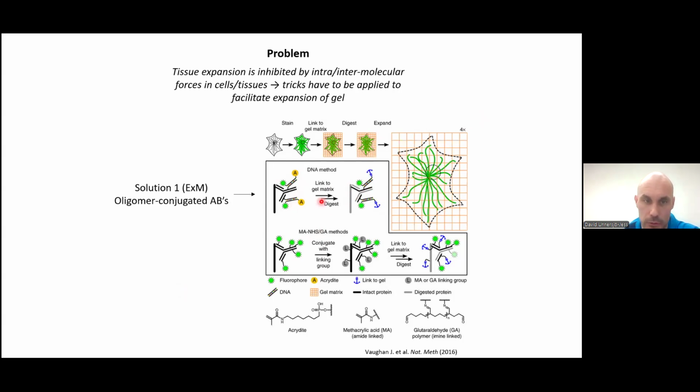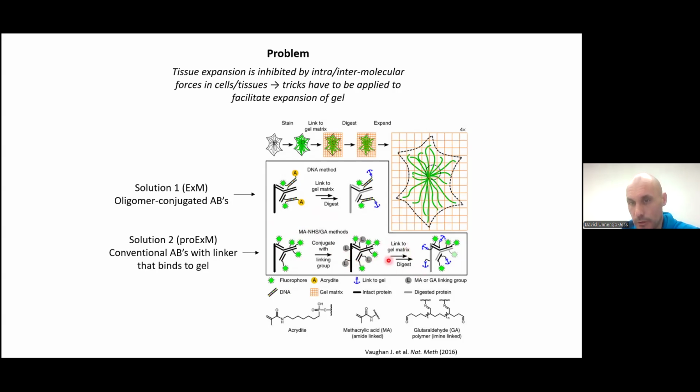This had a drawback: you had to use these custom-made antibodies. So pretty soon after this, the Pro-EXM protocol was presented, which allowed for working with conventional antibodies. The way you would do it here is to stain your sample with conventional antibodies, and then use a linker to link protein fragments to your gel, so to fix these proteins and link them to the gel.